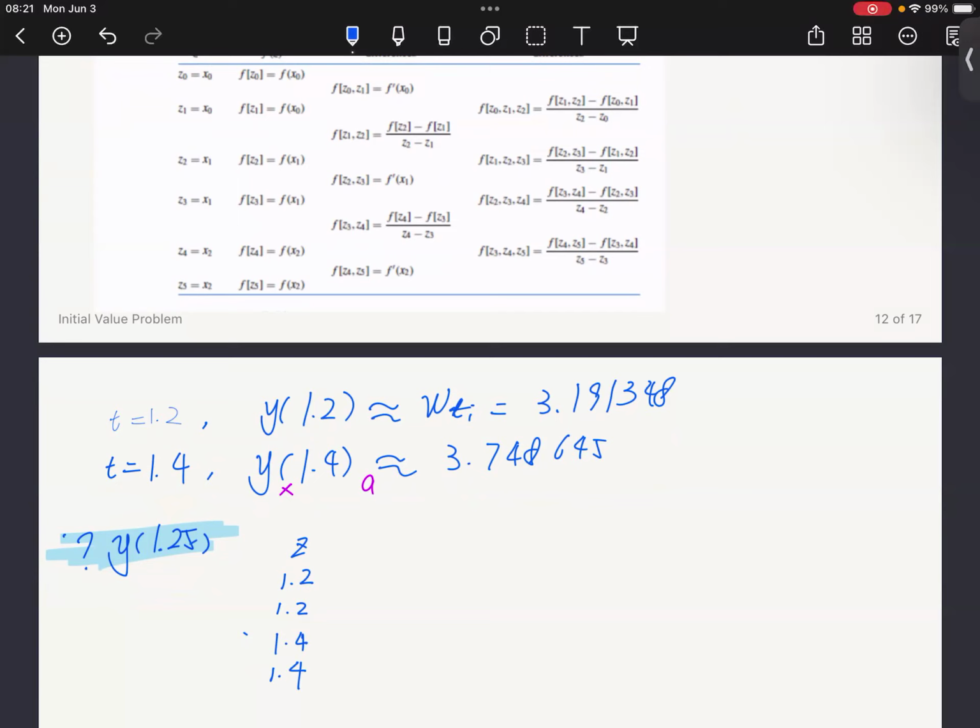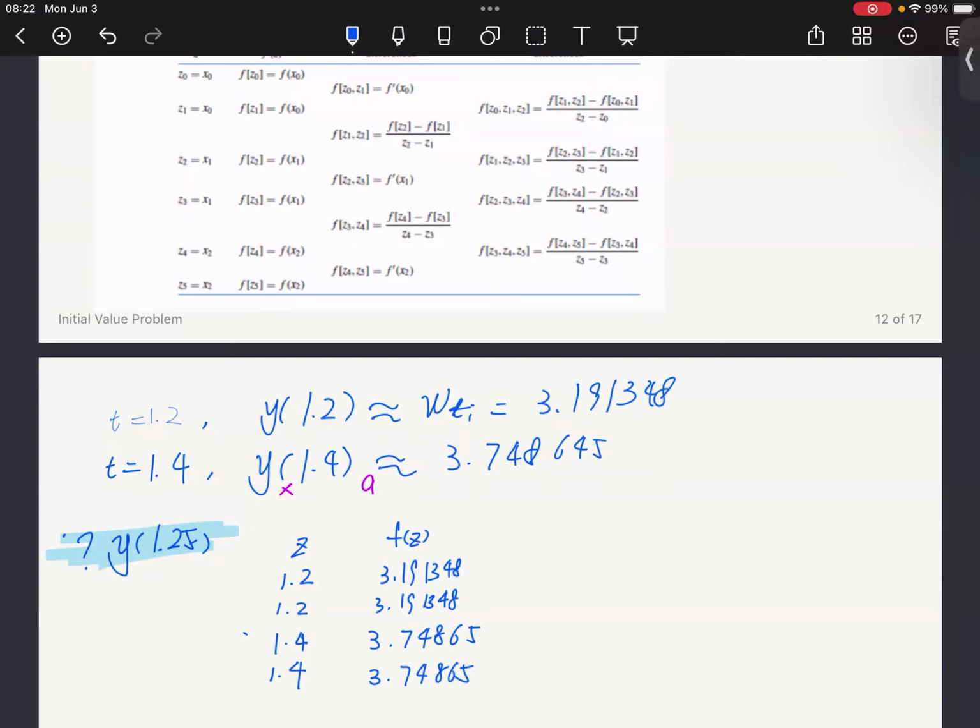So the FZ here should be 31.9134, and this is the same. And for the Y evaluated at 1.4, we use the value here. This is the approximations value from the Taylor's method, and we duplicate it. Okay, this is the second column corresponding to what we have here.